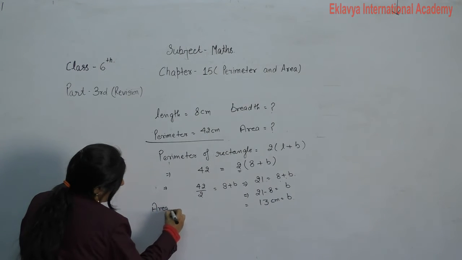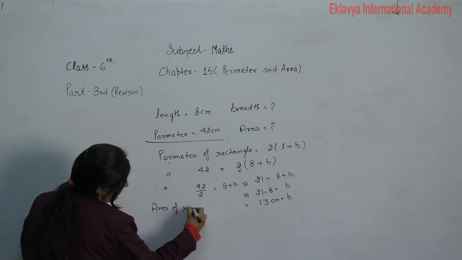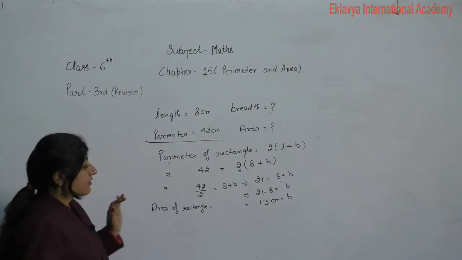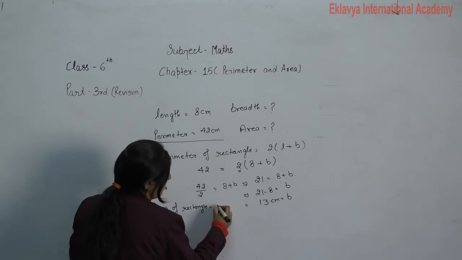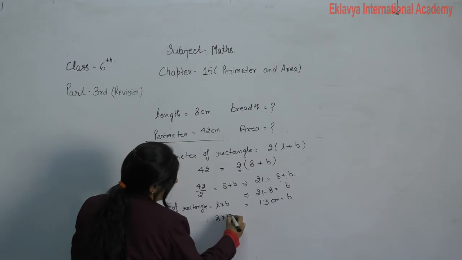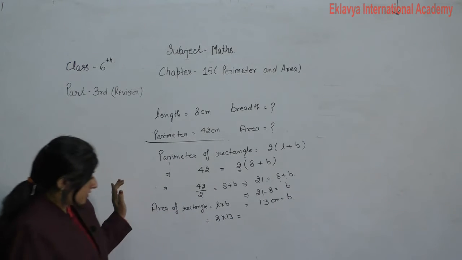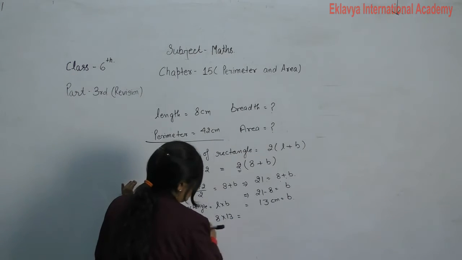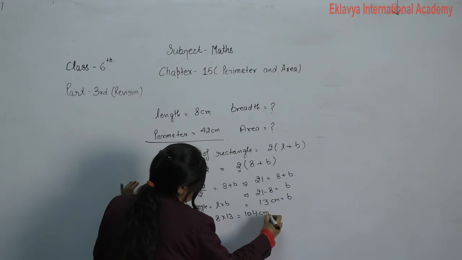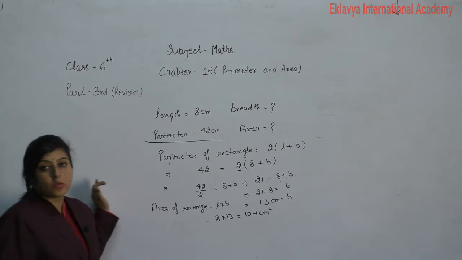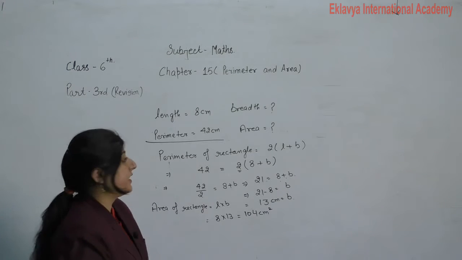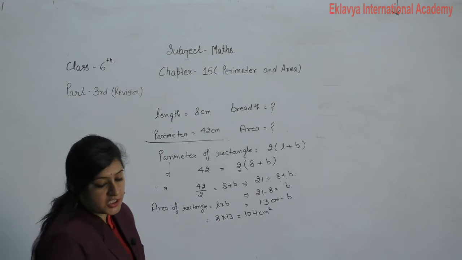Area of a rectangle is equal to length multiplied by breadth. Length 8 centimeter, breadth 13 centimeter. 13 eights are 104 centimeter square. So we can solve this type of question this way.